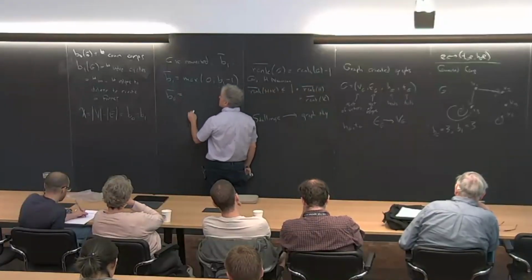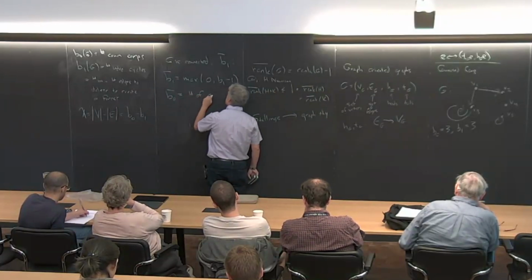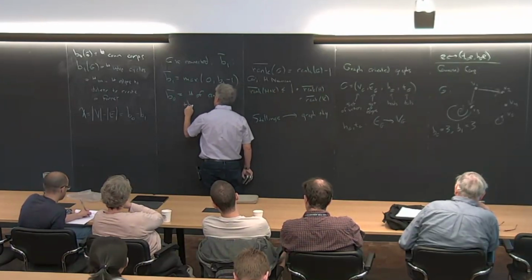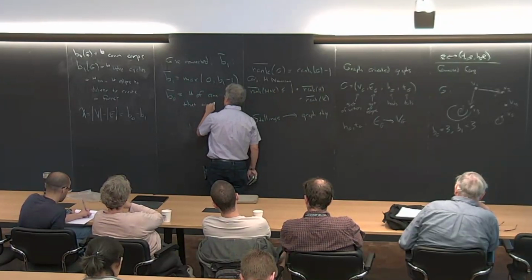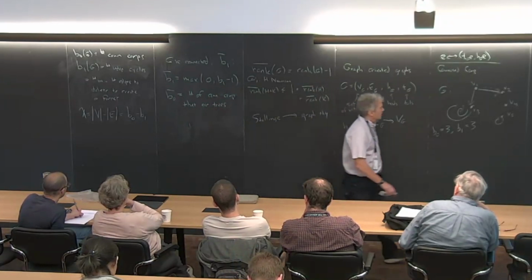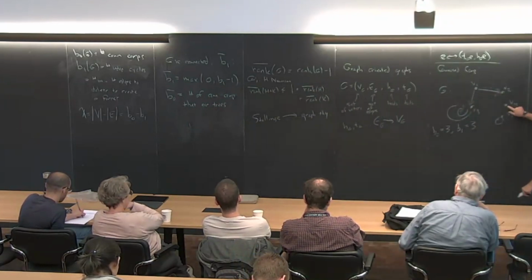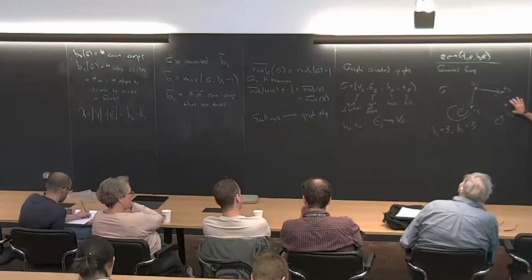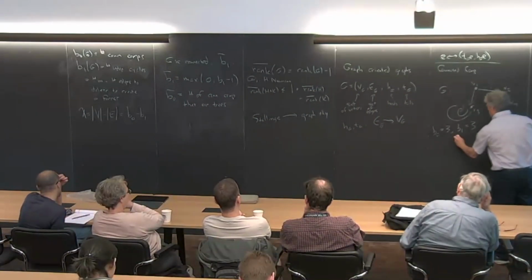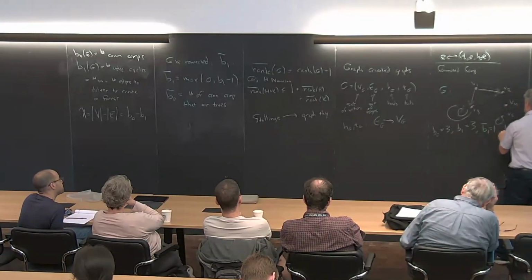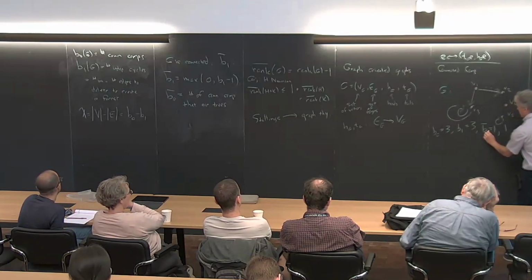The reduced 0th Betti number is the number of connected components that are trees. So for example, here's a tree, one vertex, no edges. This is not a tree, this is not a tree, so the reduced Betti number here is 1. The zeroth Betti number is 1, yeah.